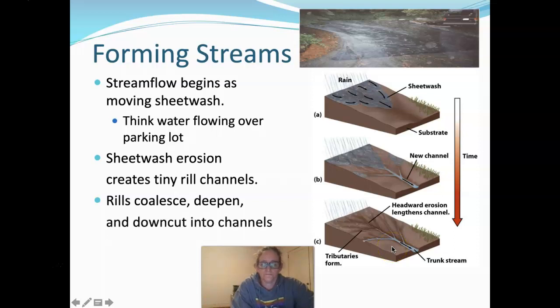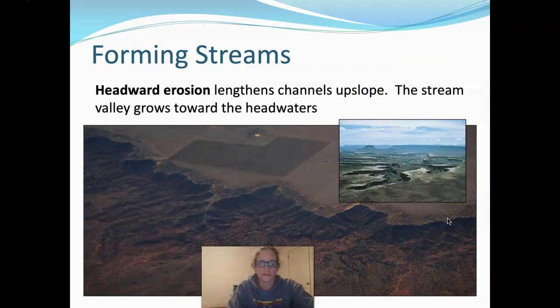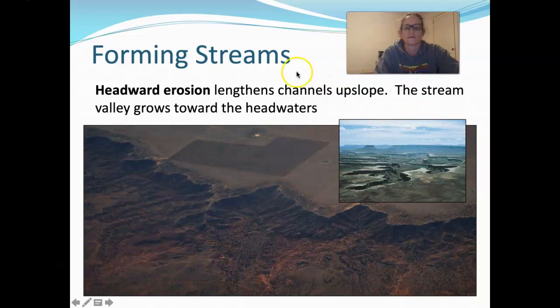Once those rills come together and form little tributaries and trunk streams, they have an erosive power that allows them to downcut and to actually form a channel. So over time, they're going to form a channel where the stream then flows. Streams then are going to have what's called headward erosion. In this image, the background back here with this big flat area is the headwaters of these valleys.